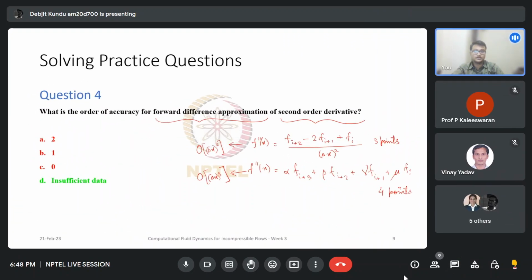Okay, so here I have this alpha, beta, gamma, mu, and so on. So how can we figure this out? Let's say I want to make a scheme like this. So how do I determine alpha, beta, gamma, and mu, all these coefficients? I have taken them randomly, right?